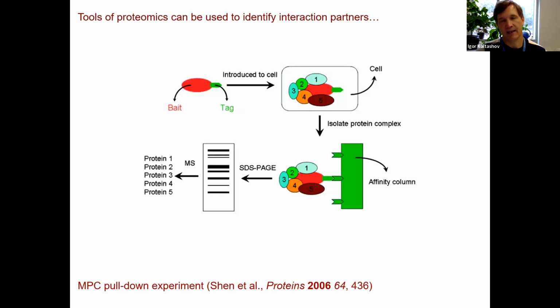And what's lacking here, it only allows you to identify interacting partners for your protein or whatever your bait is. And it does not really tell you much about this interaction. Stoichiometry, affinity, epitopes, and so forth. So all these things are beyond the scope of this measurement.